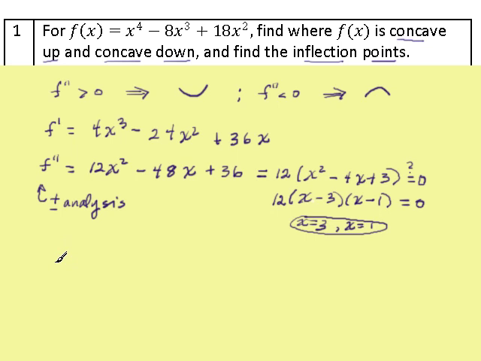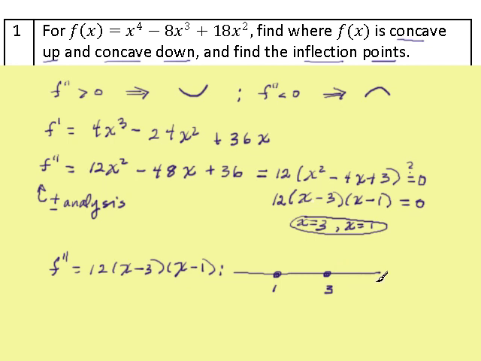Okay, so here we go. F double prime. It's good to write it next to the number line when you do the plus minus analysis. All right, so let's put 1 and 3, the zeros of f double prime, on the number line and start substituting in.